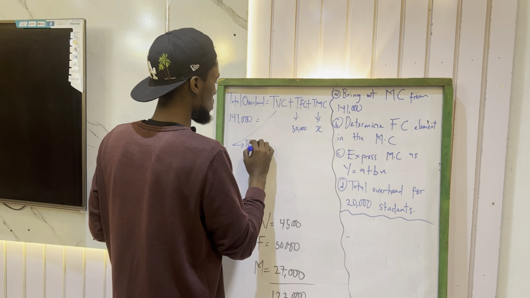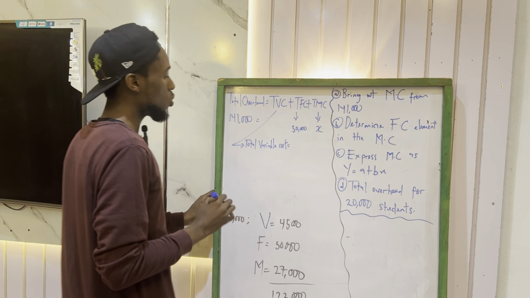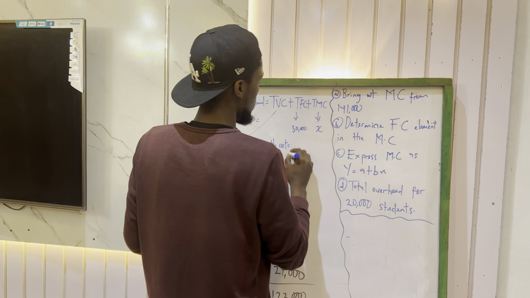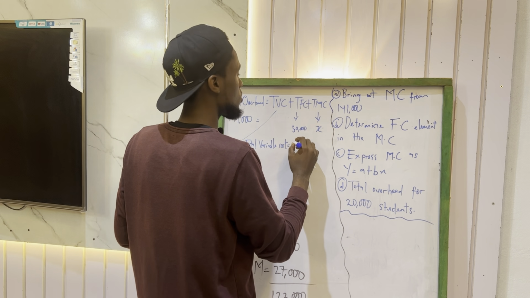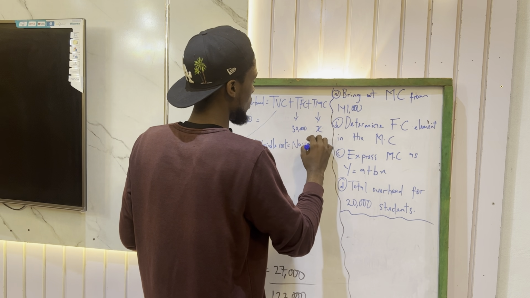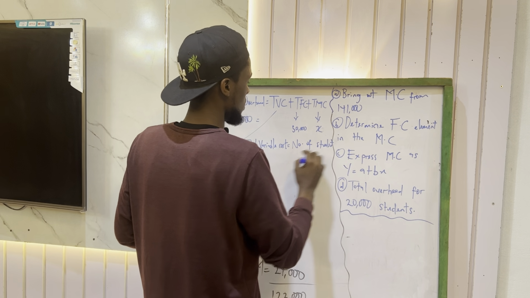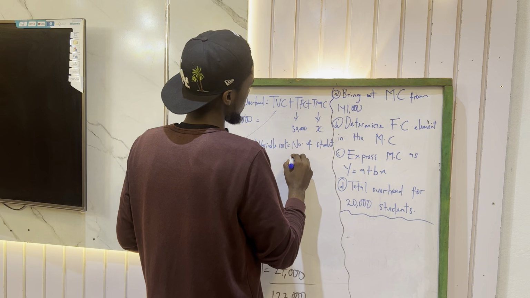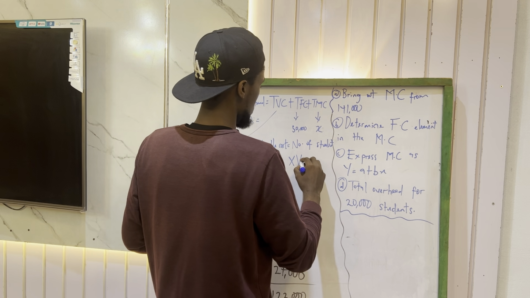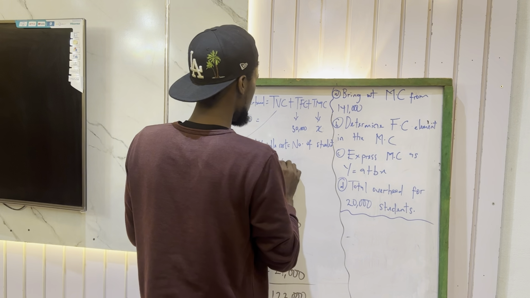Our total variable cost is going to be equal to the number of outputs, which in our case is the number of students, times the variable cost per unit. Times variable cost per unit.